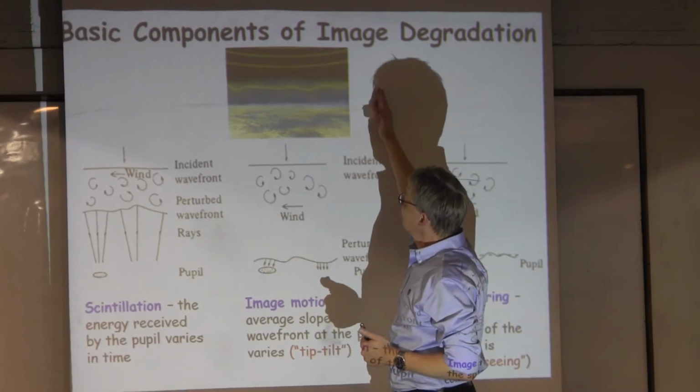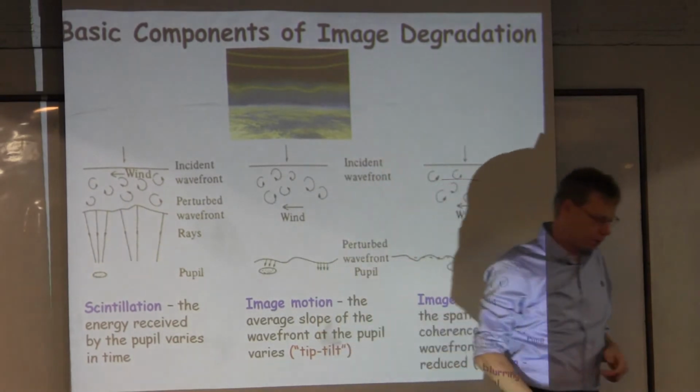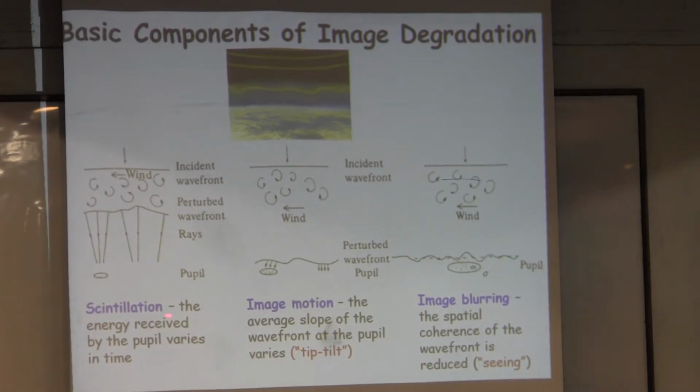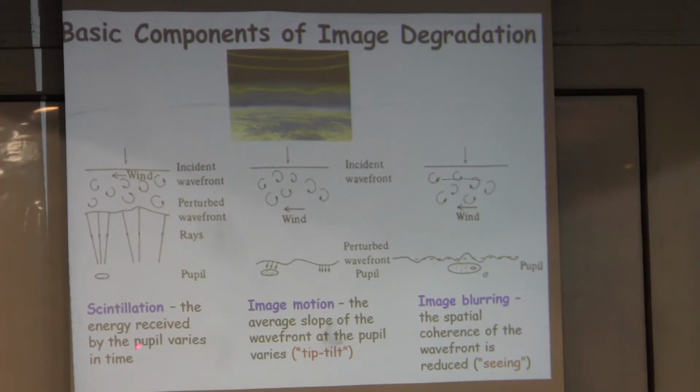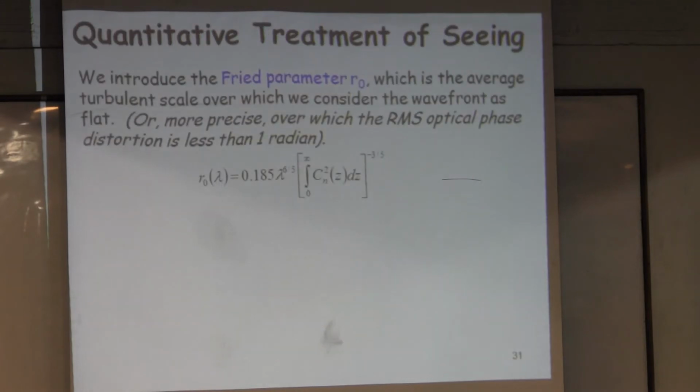But the moon is moving this way, so the gradient will change all the time. And when the gradient changes, we have this image motion, we have the image blurring with time, and then there's also an effect called scintillation, simply meaning that if you have more rays being focused here, then this spot appears brighter, and then here again it gets fainter. This is an effect you should not worry too much about, scintillation. But image motion and image blurring is something that will follow us through this course.